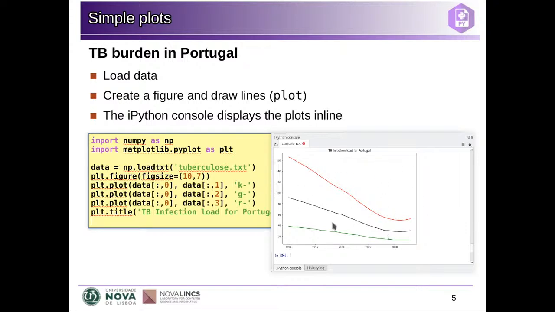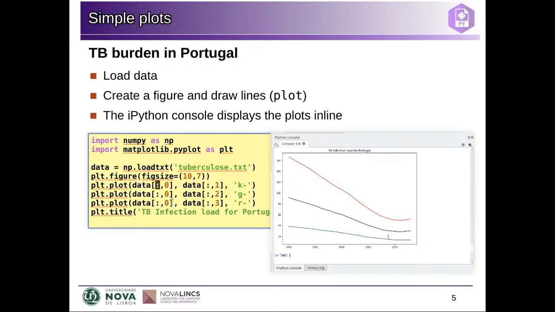And the reason why these series have different colors is because for plotting, from this data, we are using the first column for the year. So this notation here is telling Python that we want from the data matrix all the rows.